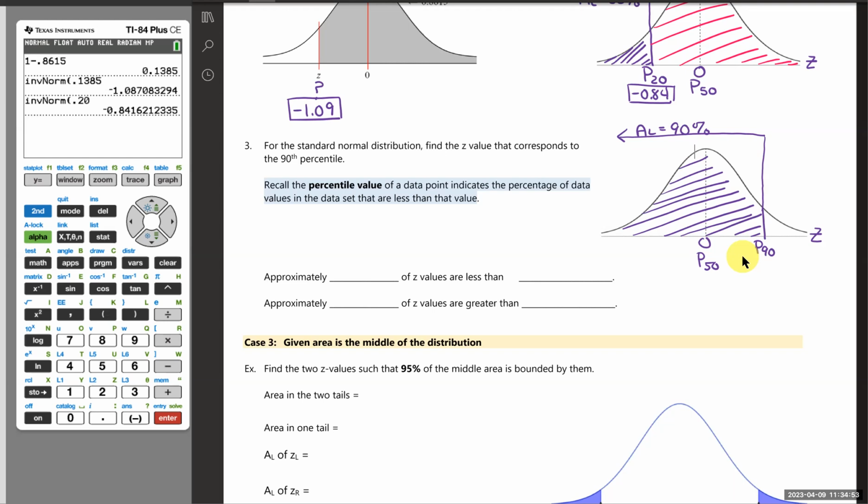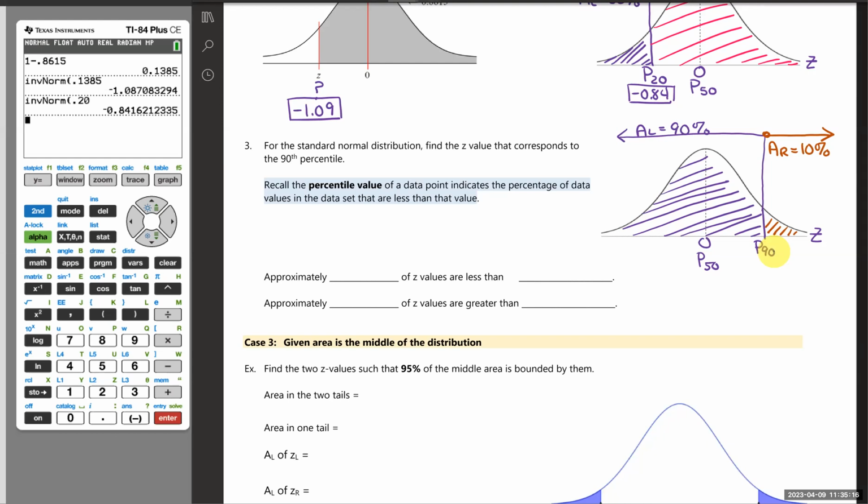All right. So let me go ahead and shade the area to the right of it as well. I'm just going to switch colors here. So if 90% of z-scores are left of P90, then the other 10%. So the complement of that, the area to the right then would be the other 10% of z-scores.